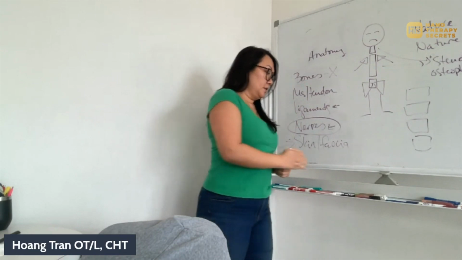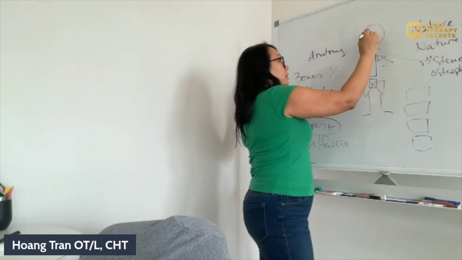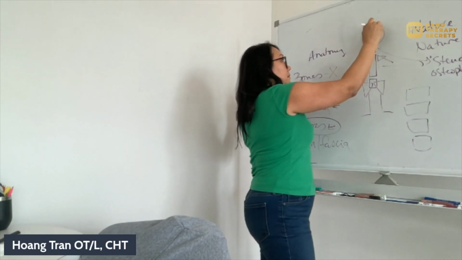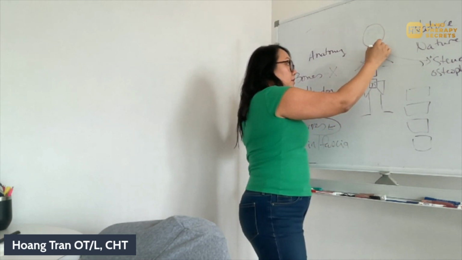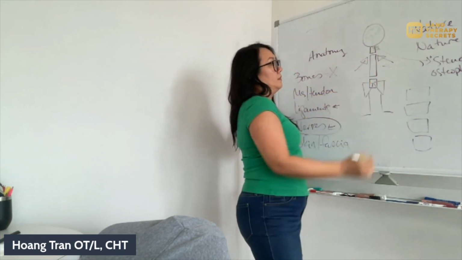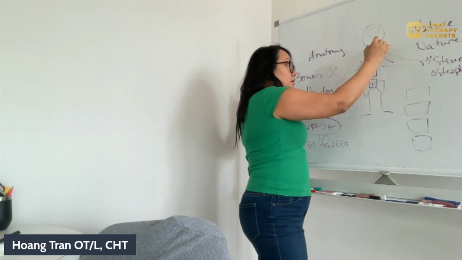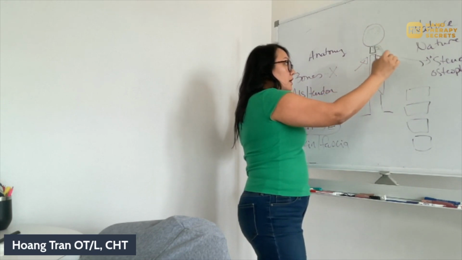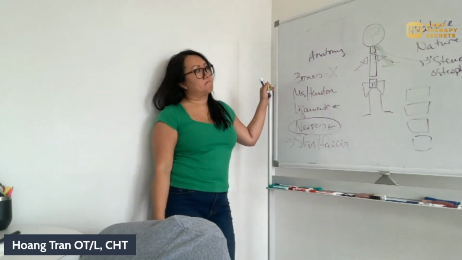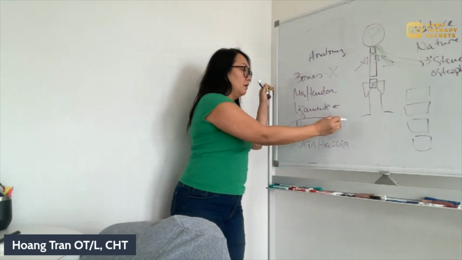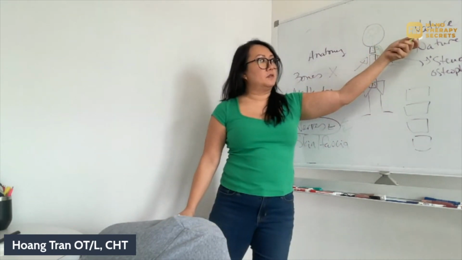So nerves, here's your brain, that then is connected to all of these nerves that come out, right? So then there's a few of them that come down the arm, correct? So we know that nerves is one of the key players in the nature of this particular injury.